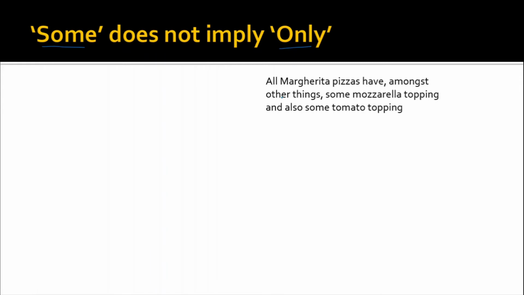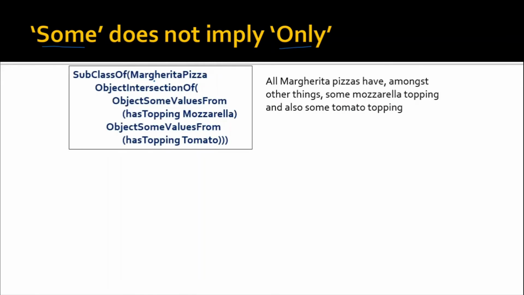We are trying to define that all margarita pizzas have, among other things, some mozzarella topping and some tomato topping, which we have already done. So basically margarita pizza is a subclass of object intersection of has topping some mozzarella, some values from has topping mozzarella, and also some tomato topping, some values from has topping tomato.